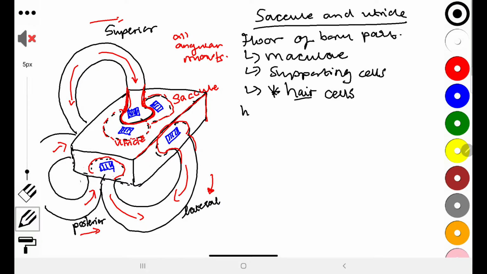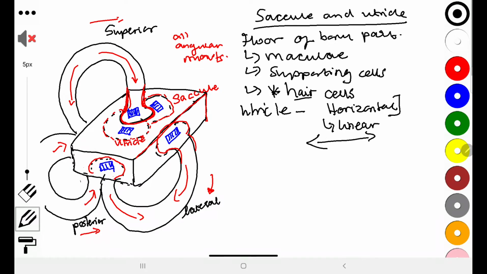So when you talk about the utricle, you're talking about horizontal movement. Okay, so horizontal, but what type? Not angular. We're talking about linear, this way and that way. So it could be acceleration or deceleration. They are able to detect that.